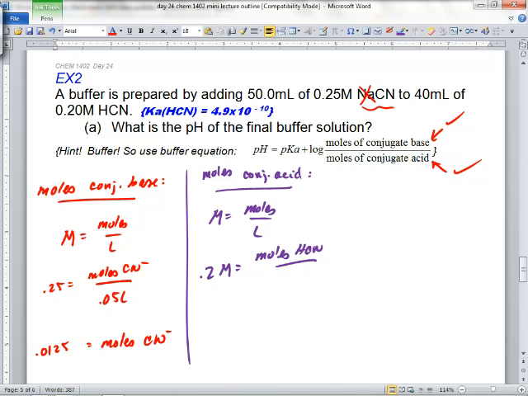And my volume was, that one's 40 mils. That's 0.04 liters. So that should be, what, 0.008? Okay.